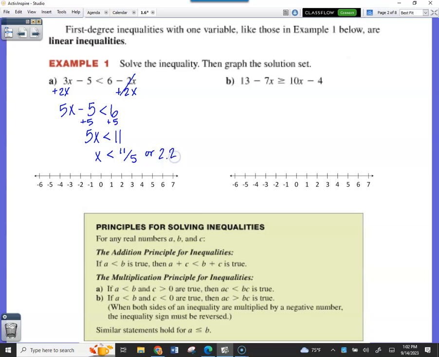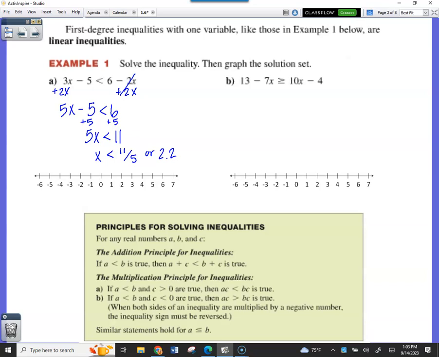You can't possibly graph 11 over 5 on a number line and know where to put the point unless you change it to a mixed fraction. So you got your whole part and then your fraction part, or you can convert it to a decimal to just get an idea of where it lands. So it's going to land at 2.2.